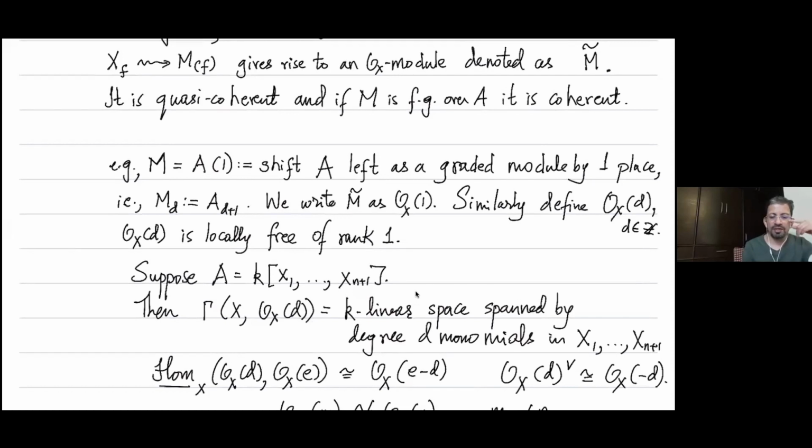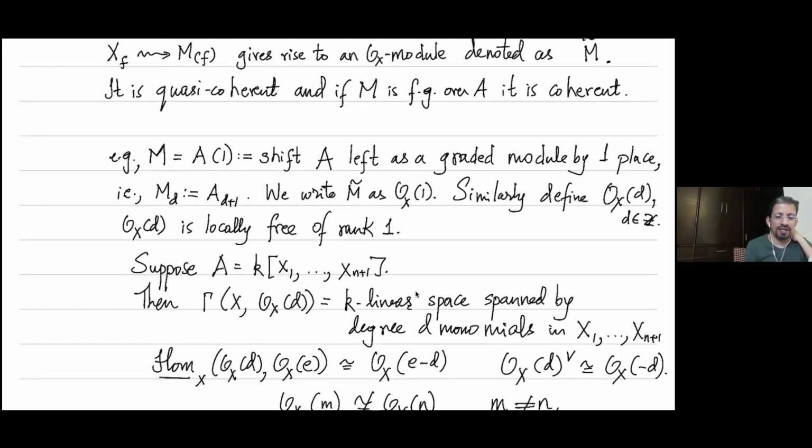This module is denoted as O_X(1) because you have shifted by one place to the left. And in general, if you shift d places to the left, where d is a positive or negative integer, so if d is negative it means you're actually shifting to the right, you call it O_X(d). What is easy to see is that over affine patches, this is in fact not very different from O_X itself.